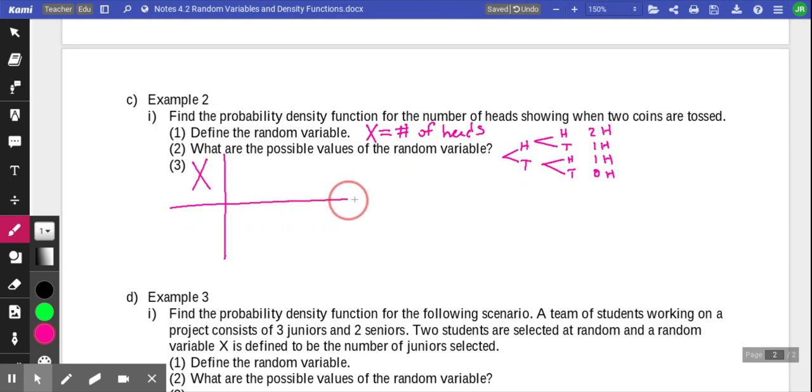So, making our probability density function, the top row usually represents your random variable. We have 0 as a possibility, 1 as a possibility, and 2 as a possibility. The second row of this table represents the probability of getting those assigned values.